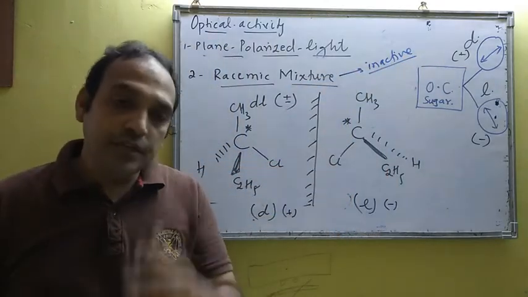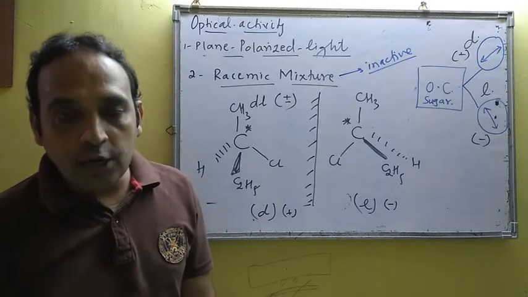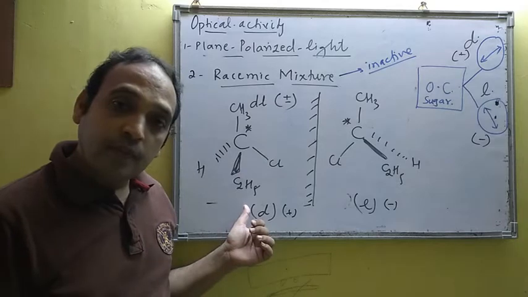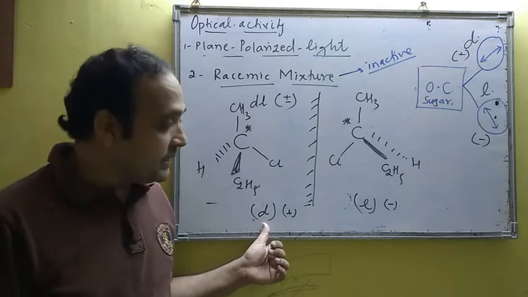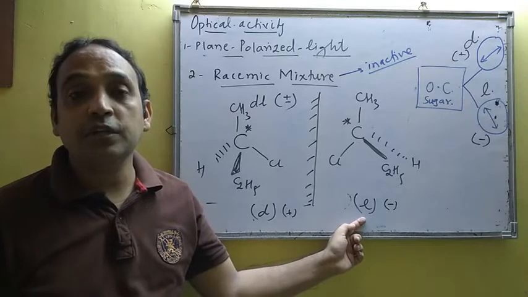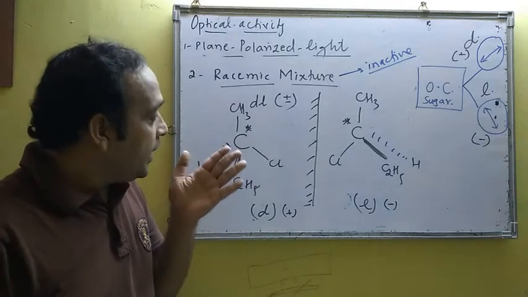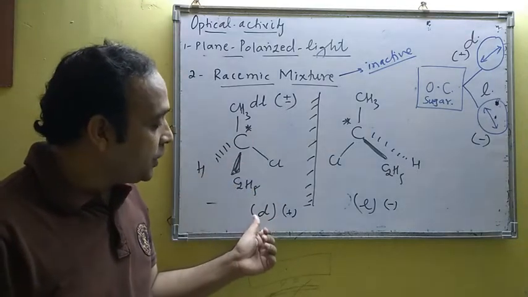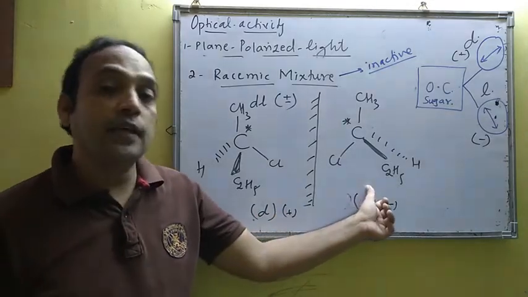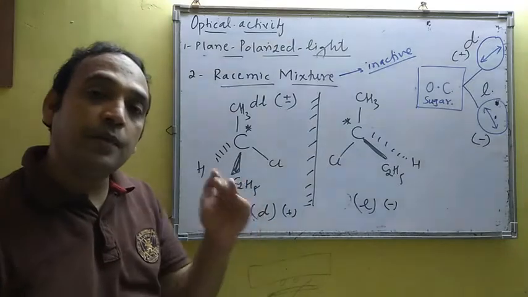Why is a racemic mixture always optically inactive? Because one rotation is cancelled by another rotation. The rotation of one enantiomer is cancelled by the other, because it is a mixture of plus and minus.